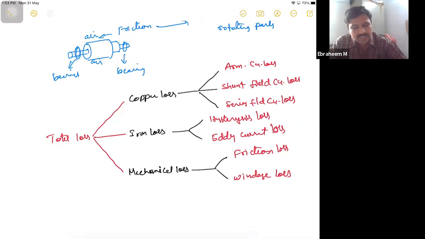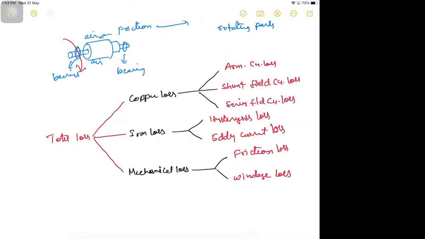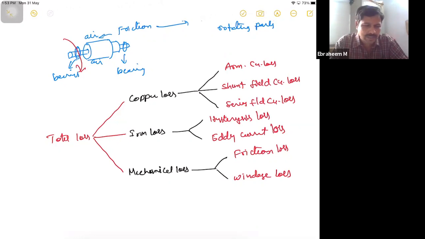Here we are having rotating parts, so this armature rotates. When rotating, it will have friction with the air, because of that you may get some sound. Air column vibrates there, and these parts also vibrate. The vibration is almost negligible.